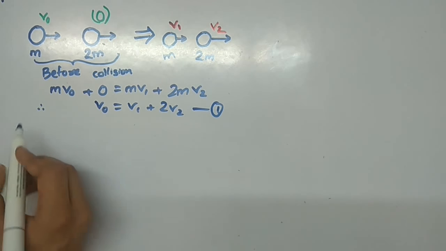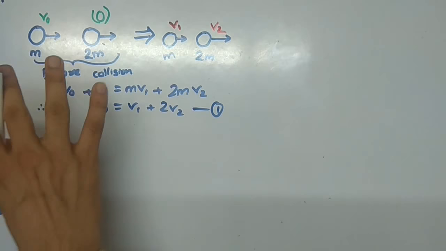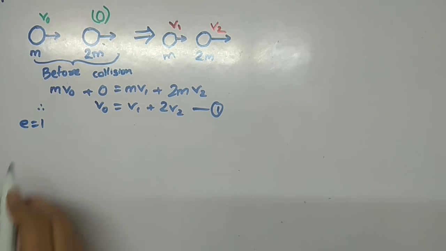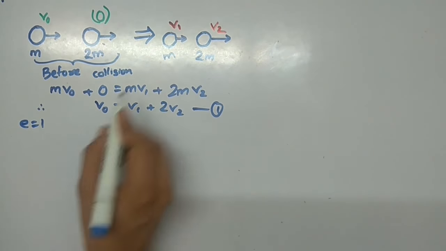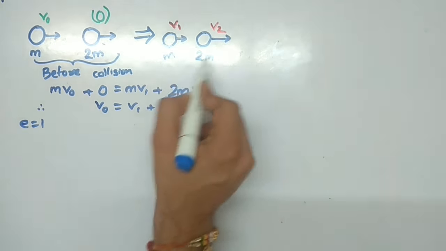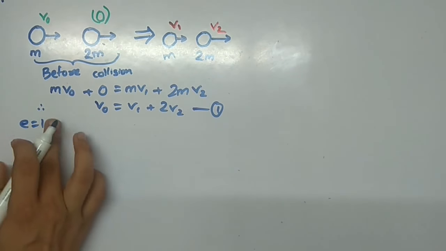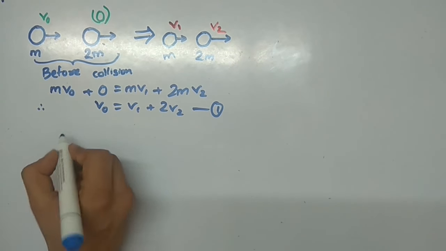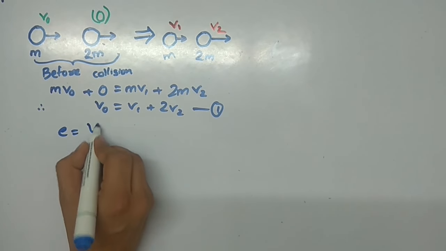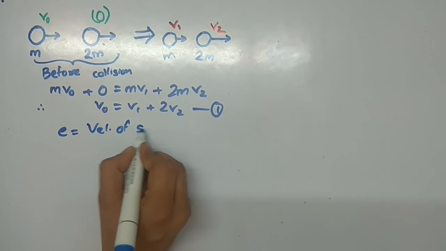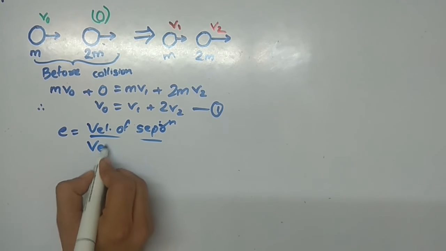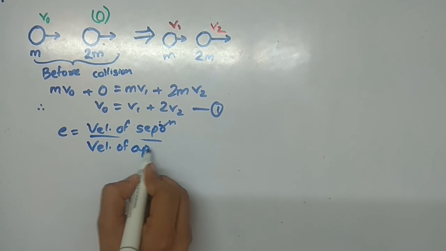Now we have already said that this collision is perfectly elastic, therefore e is equal to 1. I will first give you a hint about this e as well. e is nothing but velocity of separation upon velocity of approach.